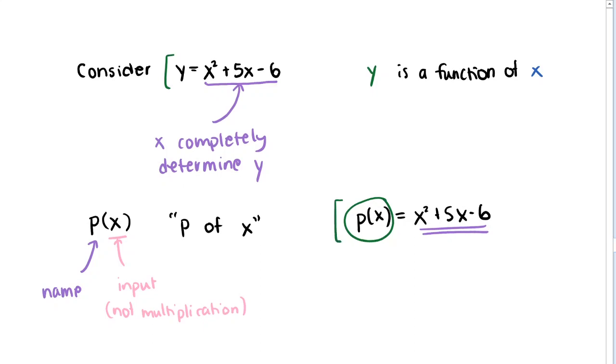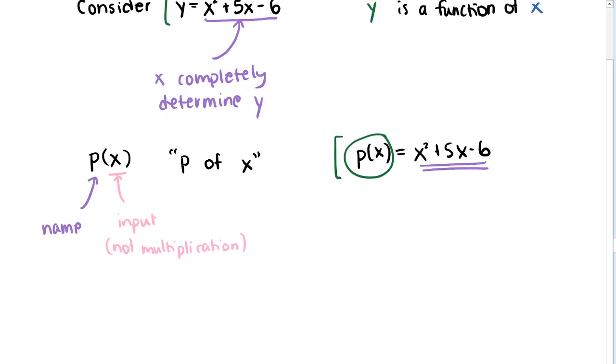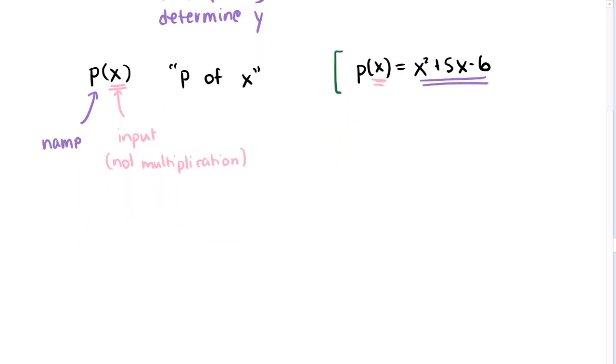Okay, so here, one way we can describe inputting into this function is using this parentheses x part. Right, so for example, if I wanted to describe inputting the number -2 into our function, replacing that input variable x with -2, well, I would write that as p of -2.